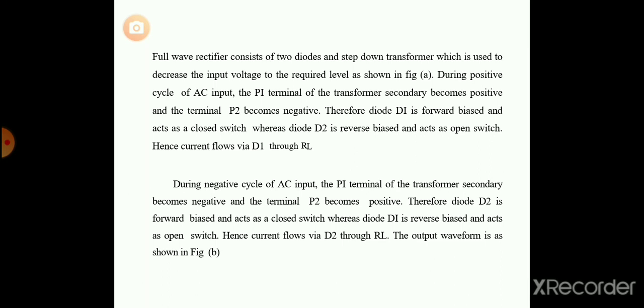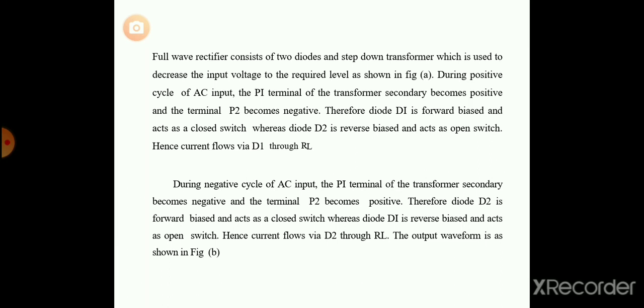During the positive half cycle, one diode is conducting and the other diode is reverse biased. During the negative half cycle, the upper diode is off and the lower diode is on. That is, a half wave rectifier conducts only for the positive half cycle of AC.